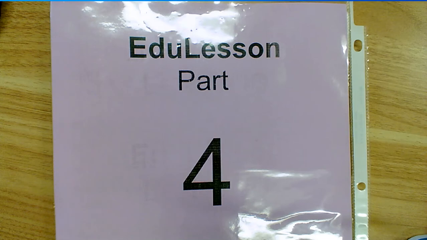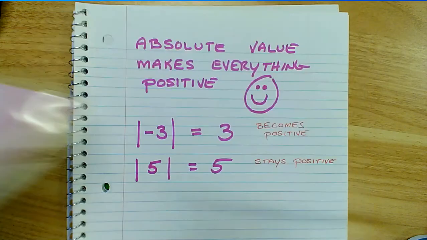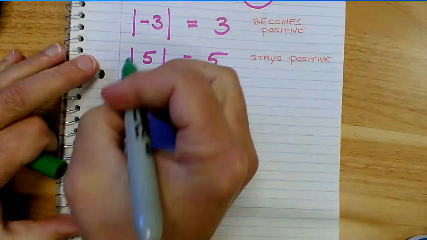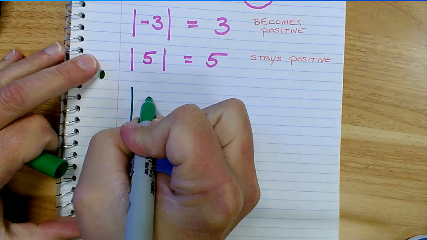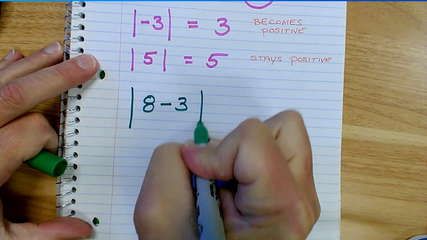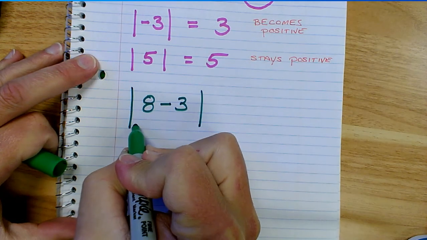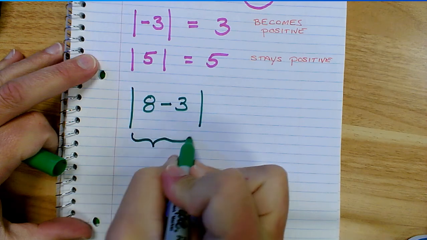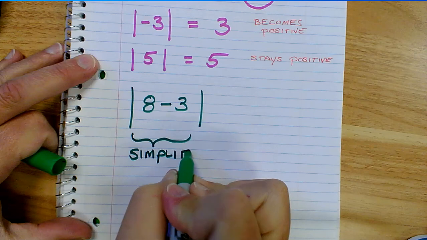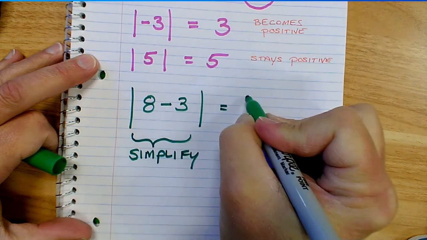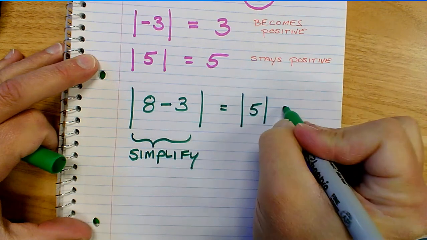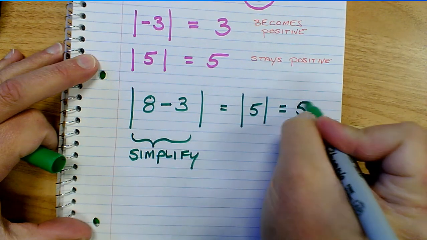Here's part 4 of this edulesson. We're going to continue with absolute values. So if I have the absolute value of 8 minus 3, I need to simplify this first. And that becomes 8 minus 3 is 5, so I have the absolute value of 5, which we know is 5.